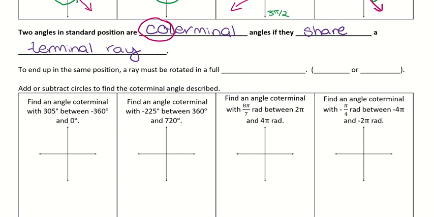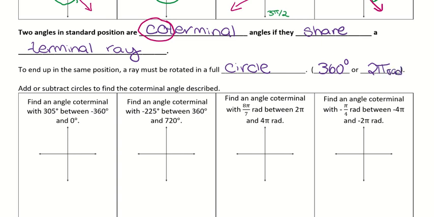So coterminal means they share a terminal ray. So to end up in the same position, a ray must be rotated in a full circle. It doesn't matter where it starts because if you go in a full circle, you're going to end up in the same position. So a circle is going to be 360 degrees or 2 pi radians.